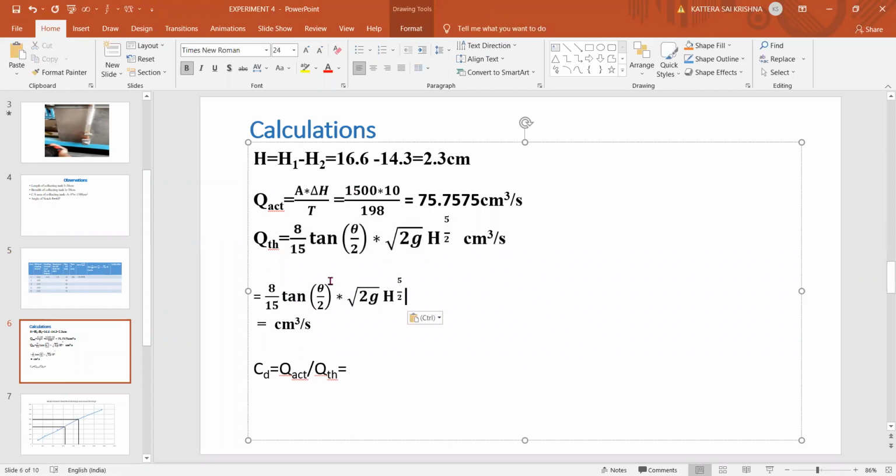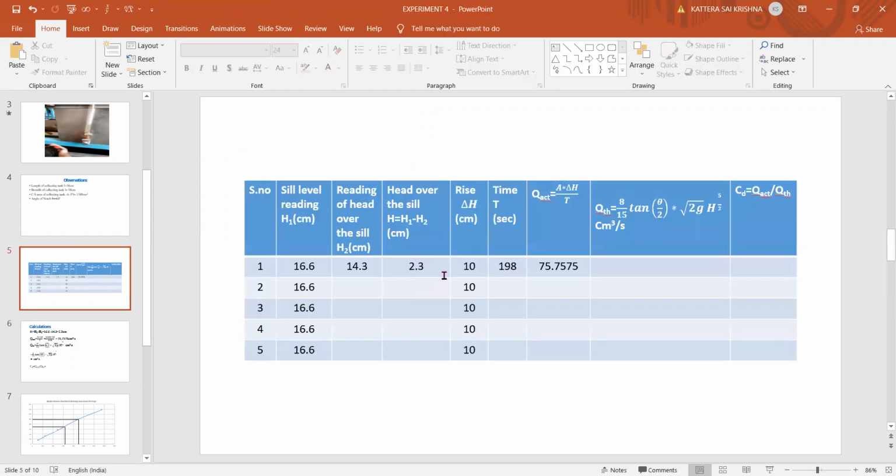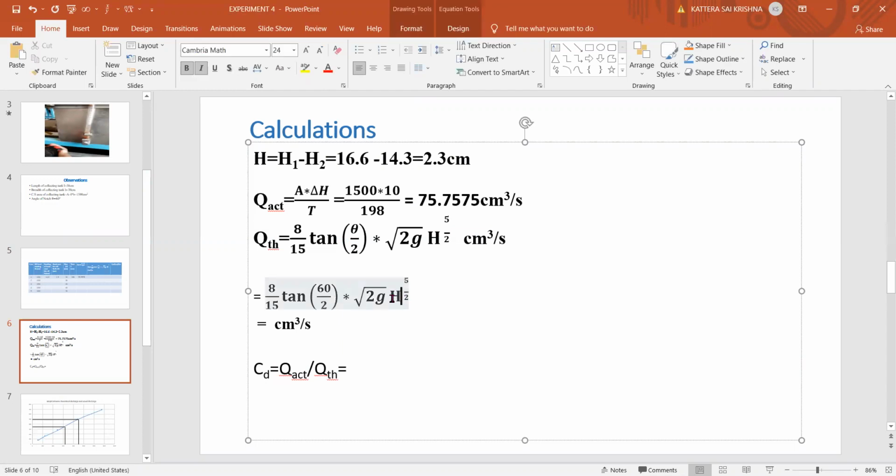So I'm taking the formula again: 18 by 15 into tan 60 divided by 2 into root 2g. The root is only for 2g. Remember, this H value is for the first reading. What is the H value? 2.3. So substitute H as 2.3 to the power of 5 by 2.